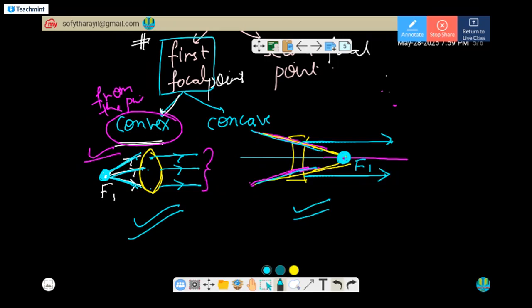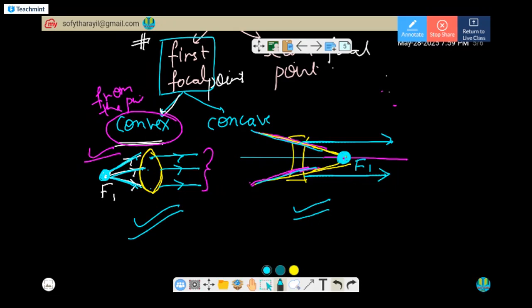That is what I had given to you before we started this lecture. At the very beginning I told you convex will have the first focal point on the left side, and concave will have the first focal point on the right side. So never think that if you're considering F1, C1 should be on the same side, or that if you're considering F2, C2 should be on the same side. That's not the case.